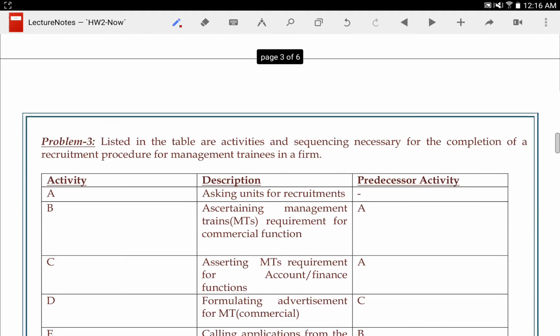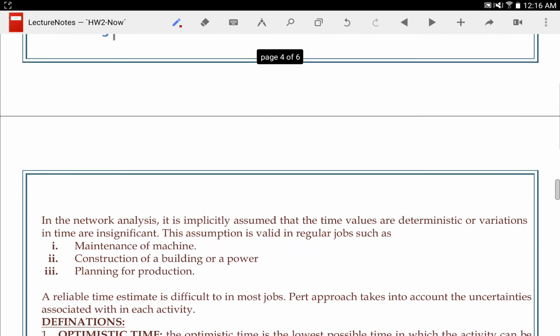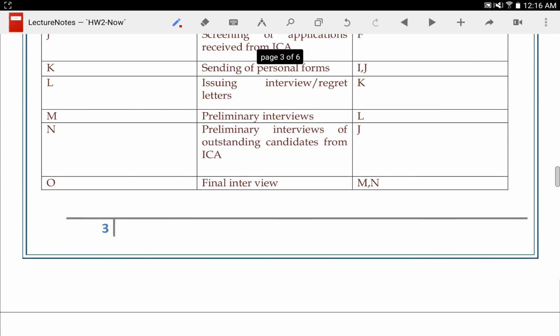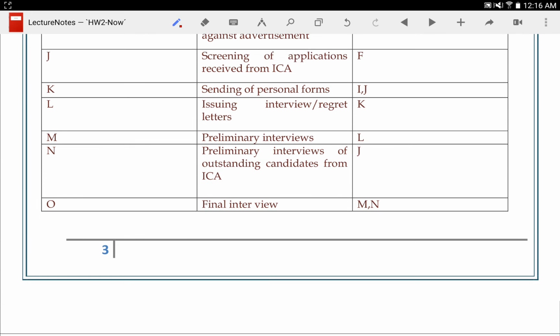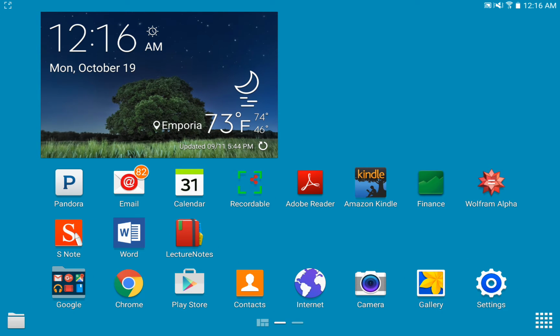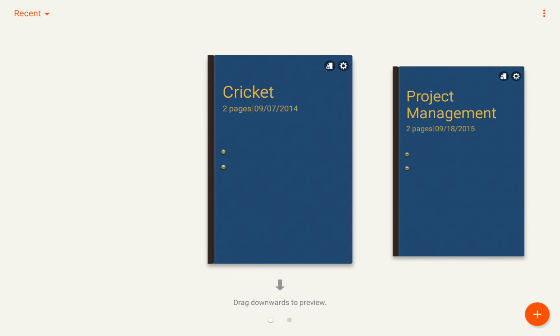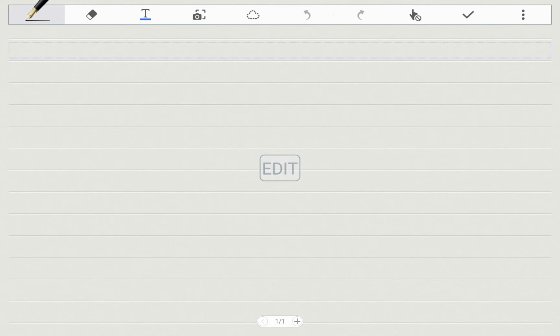The next problem is slightly longer. Actually it's long enough that there's no space for me to draw here, so let me create a new page.